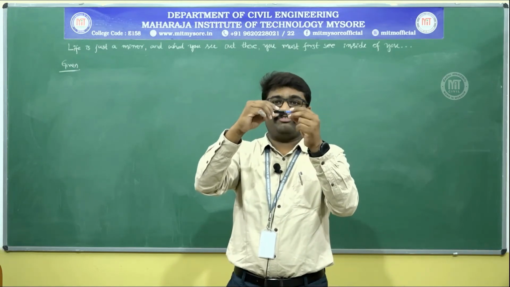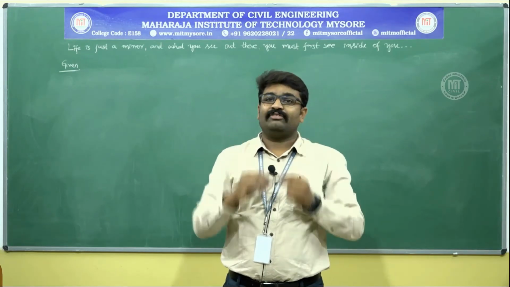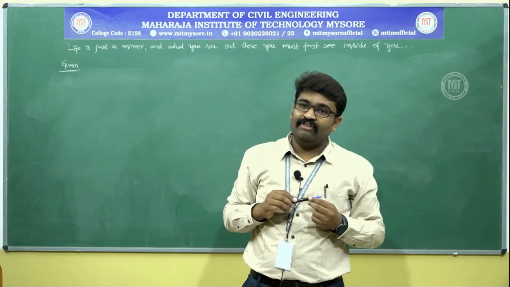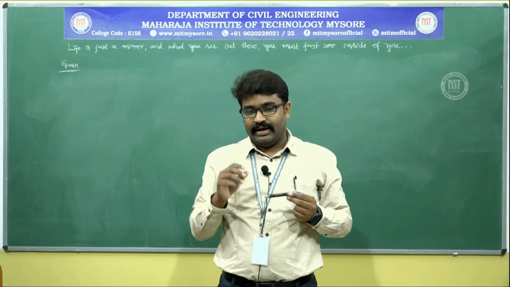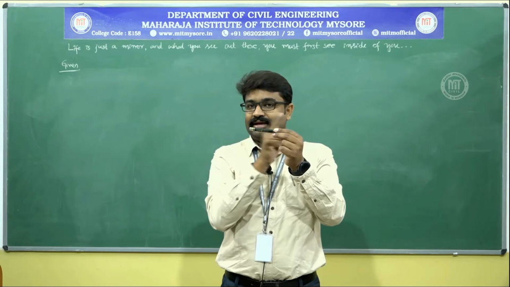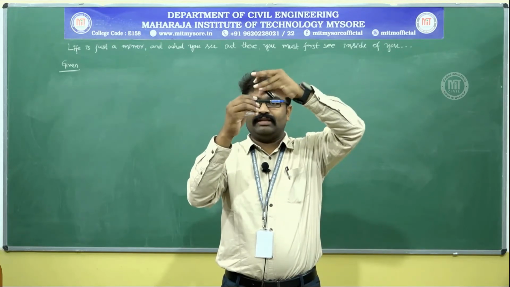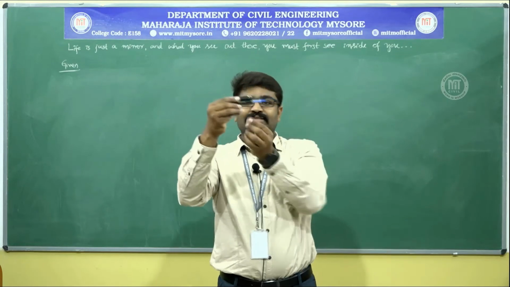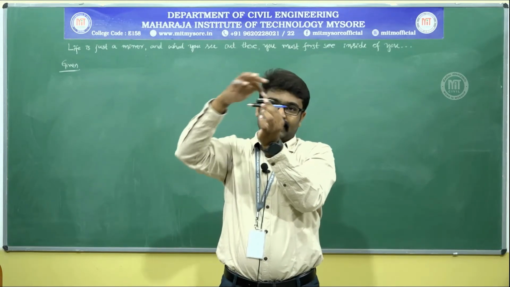The entire surface is in contact with the liquid. So, to calculate area, you will have to make use of pi d L, where pi into d gives you the circumference, and L is the length of contact. Now, I will show you like this. Pi d gives you the circumference and this is the sleeve length which is 90 millimeter.